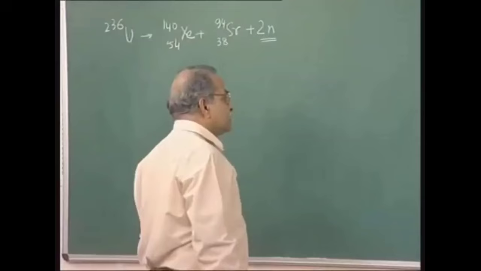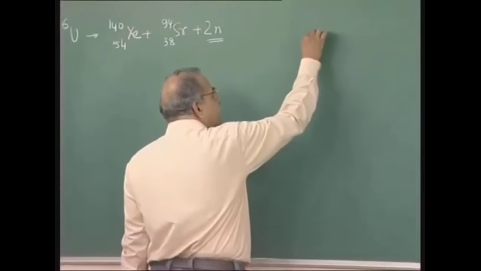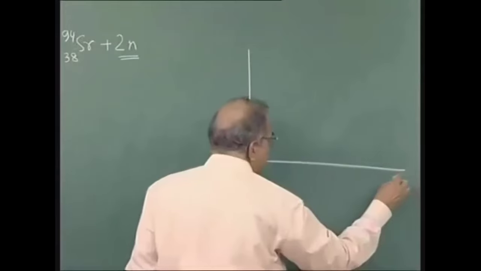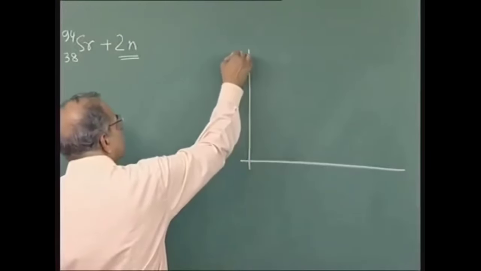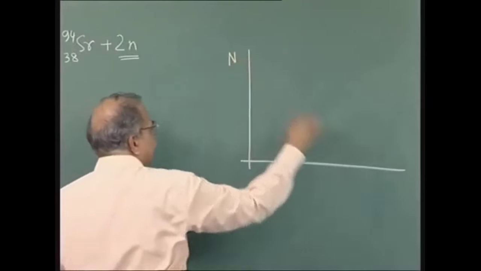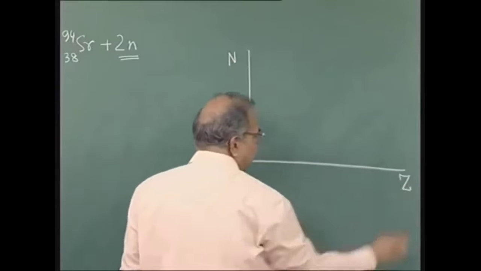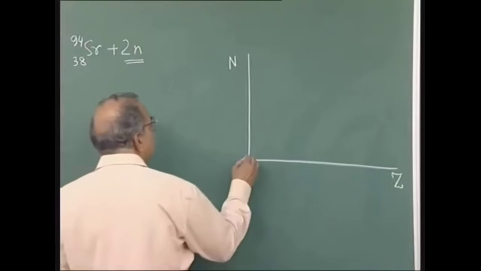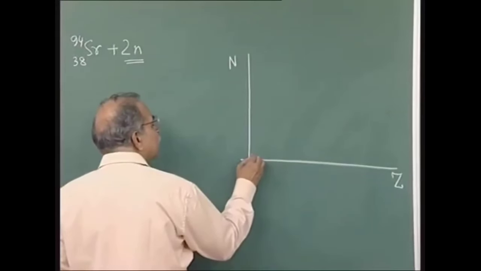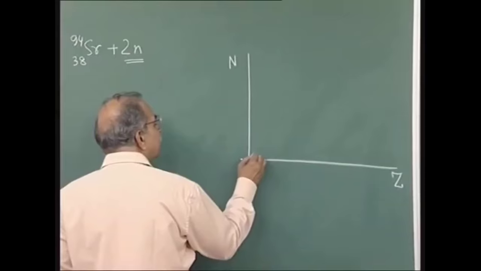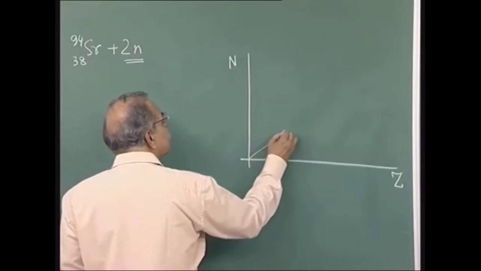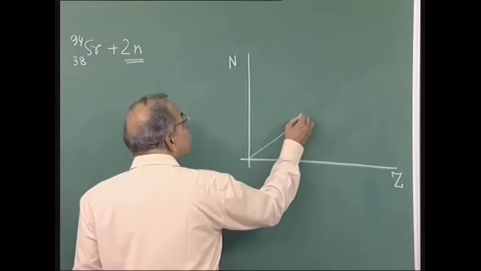So, what are these? If you look at N versus Z for the beta stable particle distribution, with N on this side and Z on this side, remember that initially for light nuclei N is equal to Z, but then as the number increases, the number of neutrons goes up.